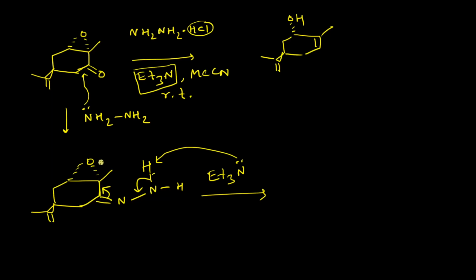As a result, this particular carbon oxygen bond of this epoxide functional group will break and it will result in the formation of an alkoxide. Here will be the double bond.